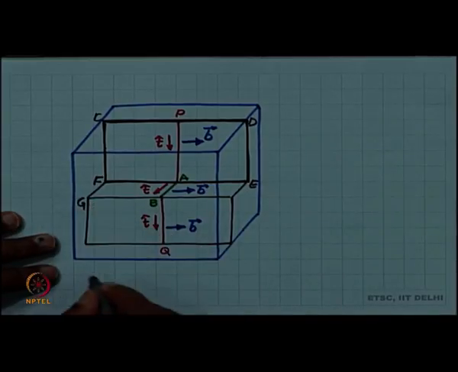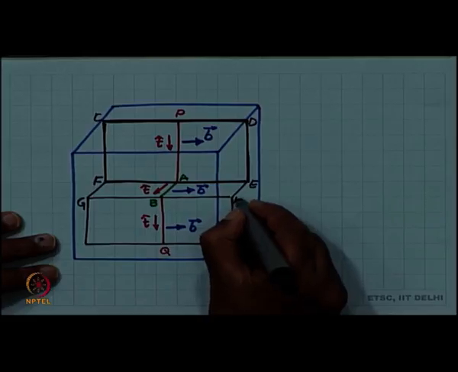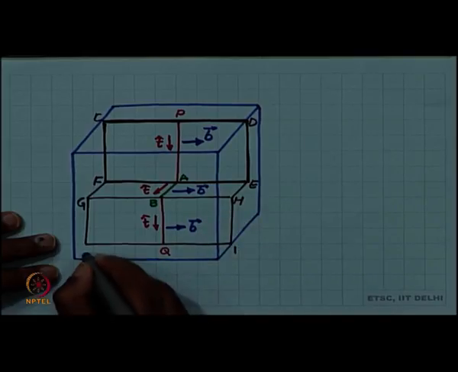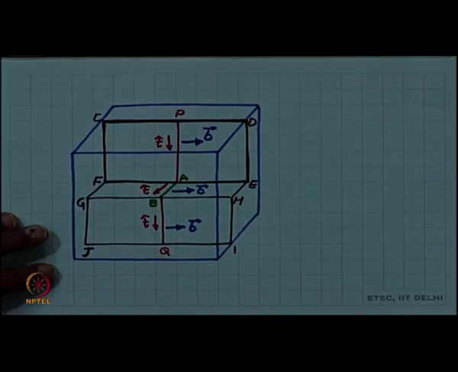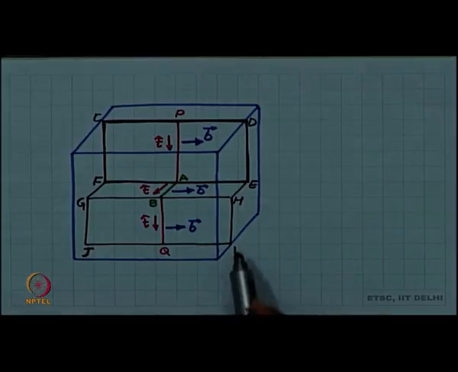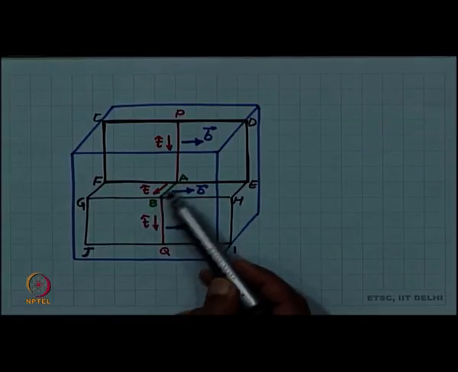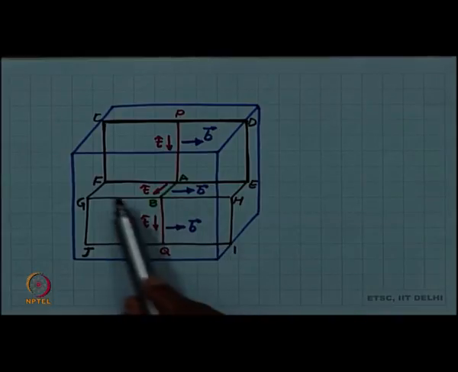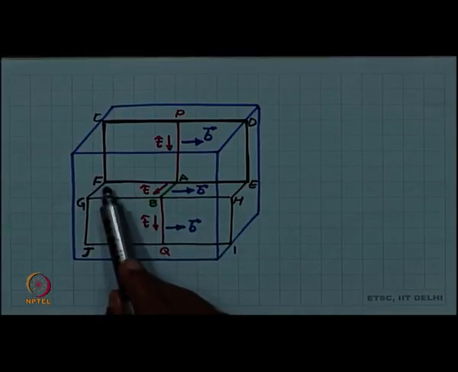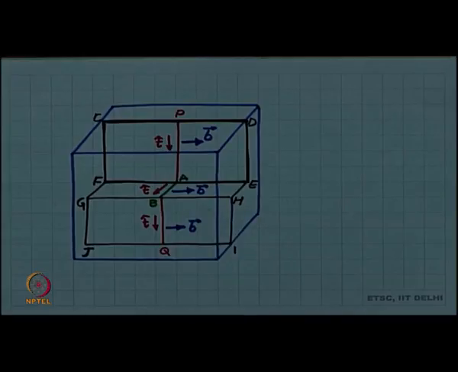and then G, H, I, J is another vertical slip plane for the segment BQ, but the segment AB lies in the horizontal plane and has a slip plane EFGH.